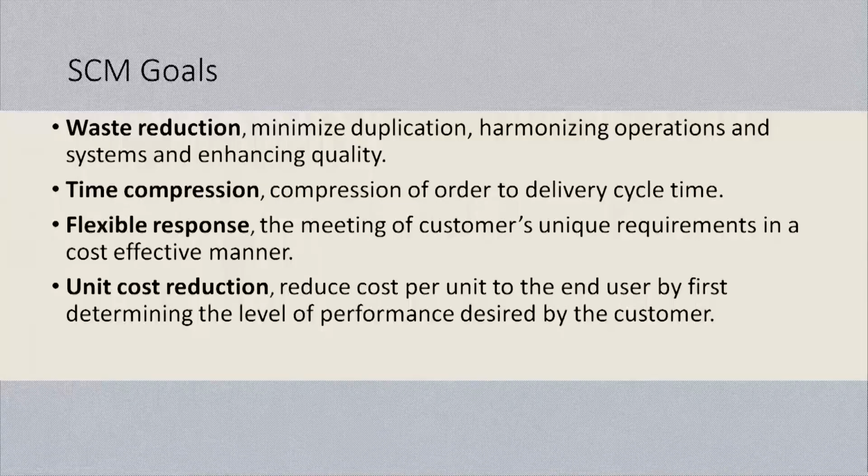So, waste reduction, time compression, flexible response, and finally, unit cost reduction. These are the supply chain management goals. And unit cost reduction, utilizing the optimization procedures in supply chain management, is again an area where some of the major manufacturers like automobile manufacturers have achieved tremendous results over the last 40-50 years.